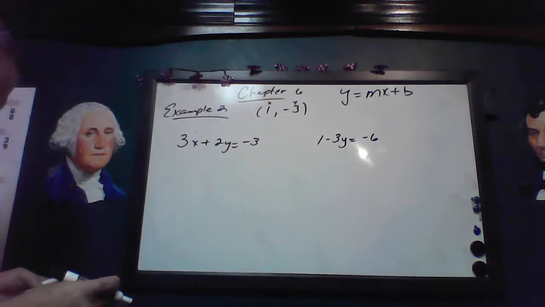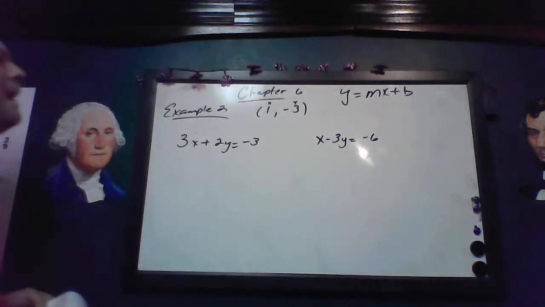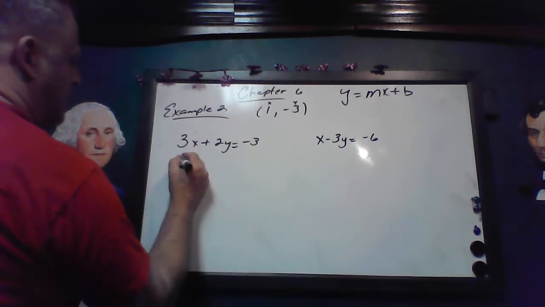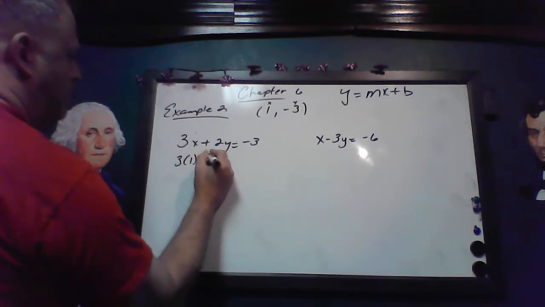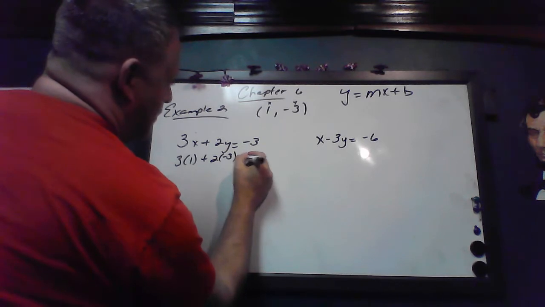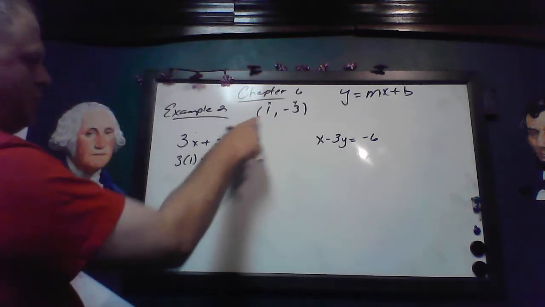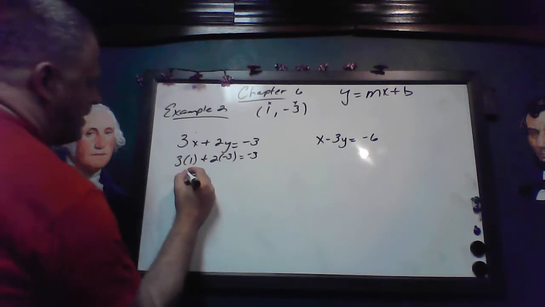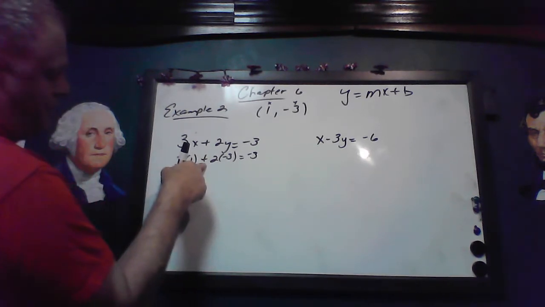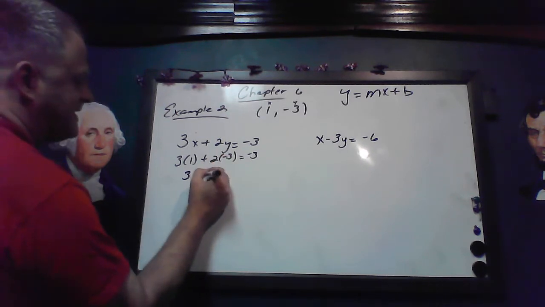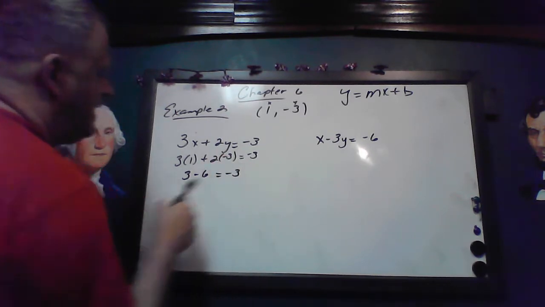Okay, so we're going to plug everything in. 3 times 1 plus 2 times -3 equals -3. So we plugged in the 1 for x and the -3 for y, and a positive times a negative is a negative. 2 times 3 is 6, equals -3.